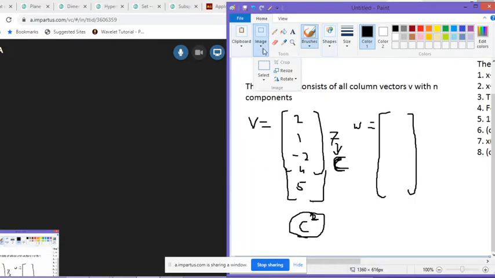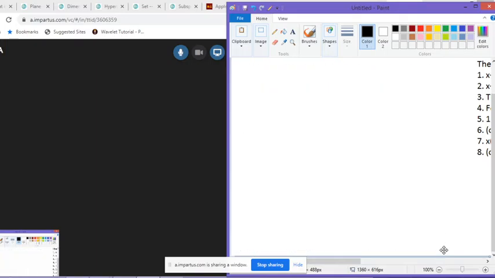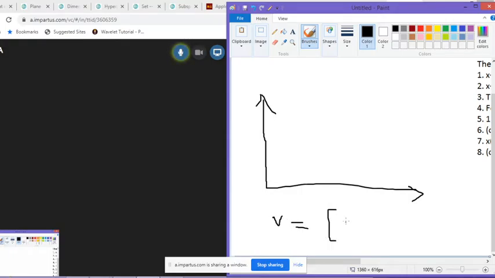Let me clear this section here. For example, if I write this xy plane, it's a two-dimensional plane, and say vector v is equal to the column vector 1, 3.